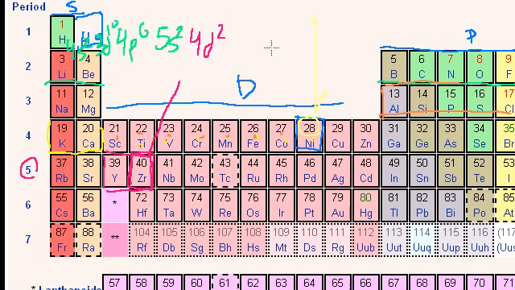Let me just write that. So we have 4d2. That's those two there. Then you have 5s2. Then we had 4p6. That's over here. Then we had 3d10. Remember, 4 minus 1. So 3d10. And then you had 4s2. And you just keep going backwards like that.